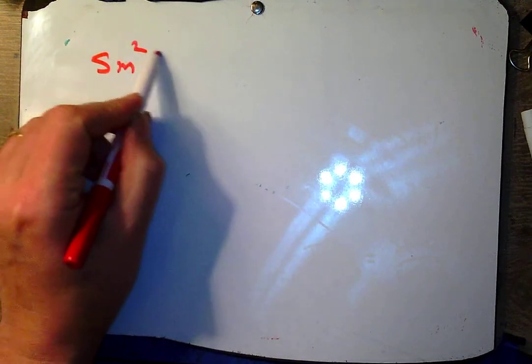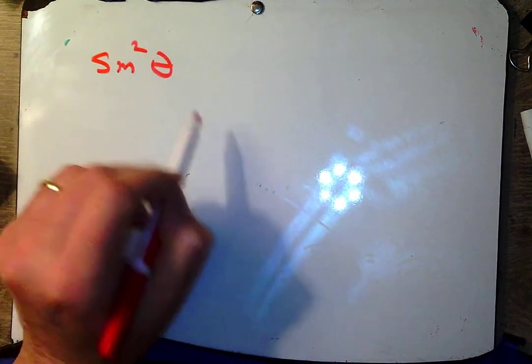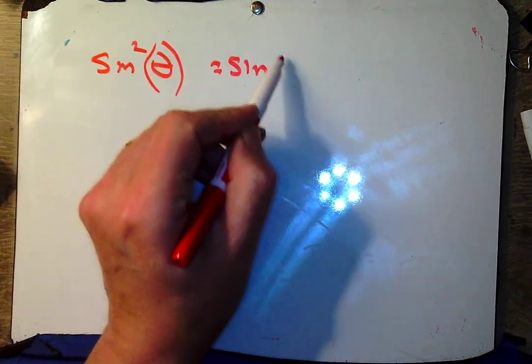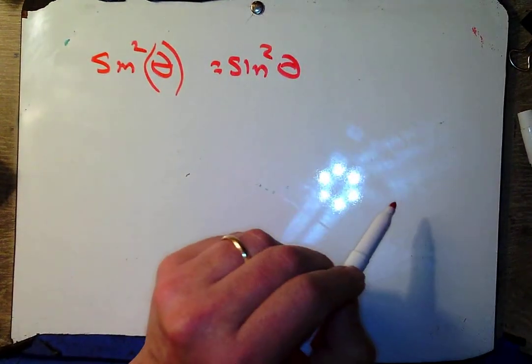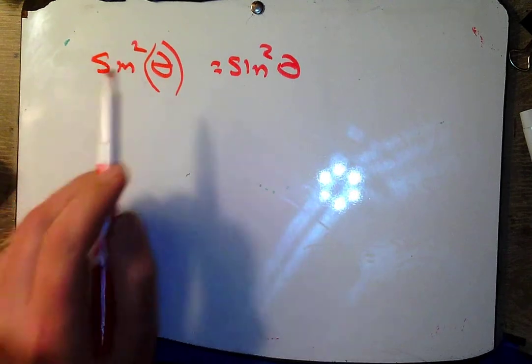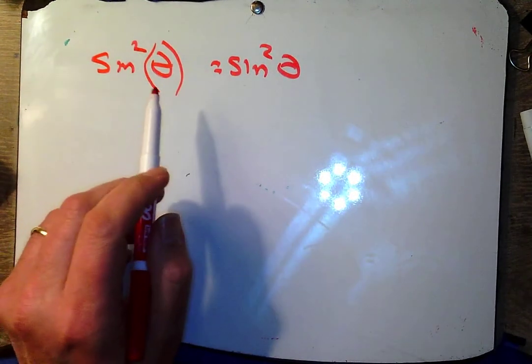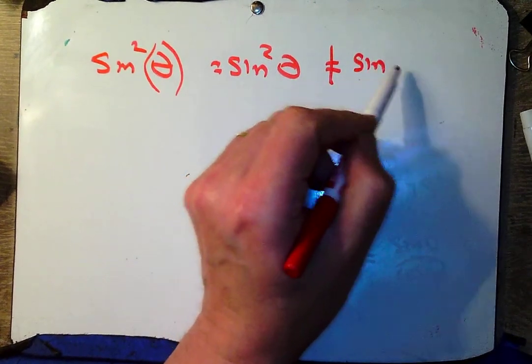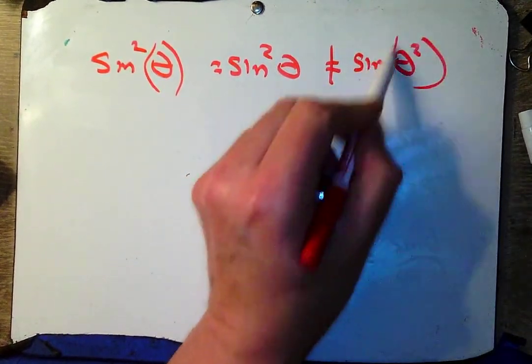Next, a word on notation. When I see sine squared theta, preferably I'd see it like this, but you could very well see it like that. When I see sine squared theta, what's important for me to recognize is that this is not sine of theta squared.